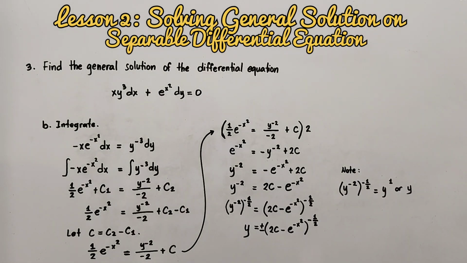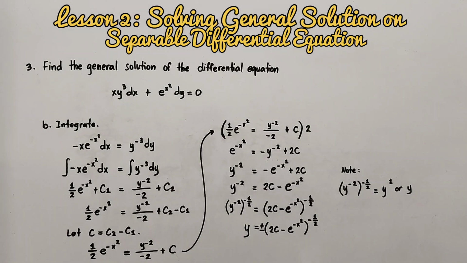We will now raise both sides by negative 1/2. Take note that y power negative 2 raised to negative 1/2 power is equal to y power 1, or simply y. And for the right side, the quantity 2c minus e power negative x squared, raising this to negative 1/2 power, has two roots, positive and negative.